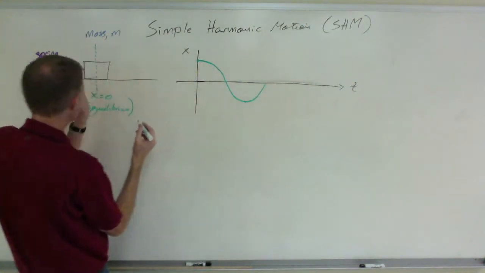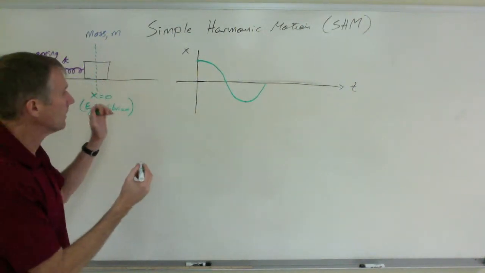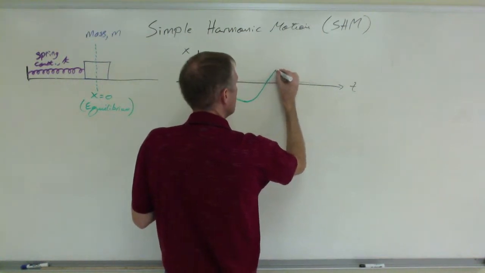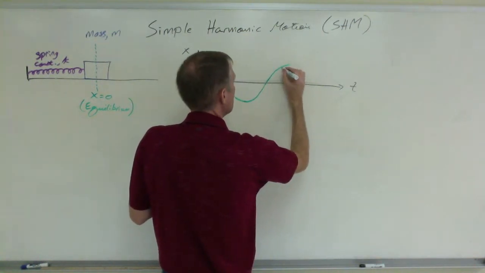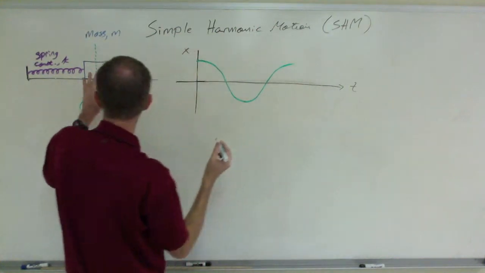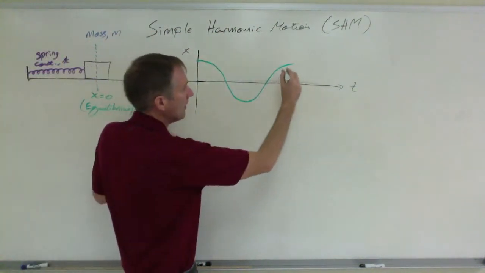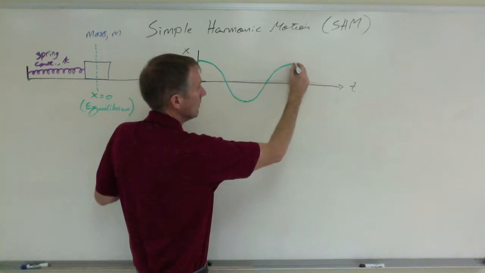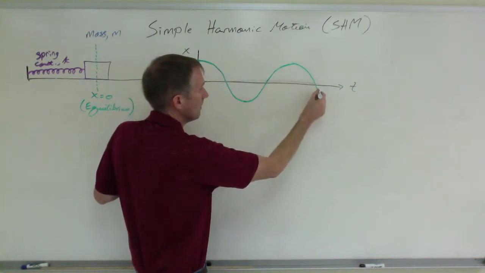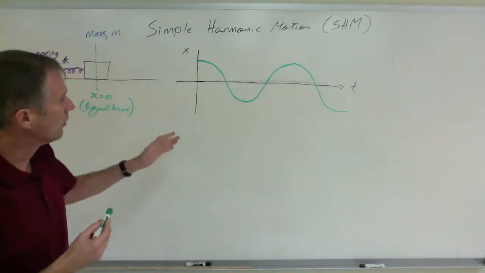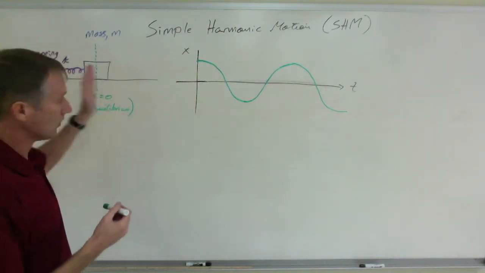Now it's passing back through equilibrium. And then it comes right back to where it started, right here. It's its starting position. And then it does that all over again, and so on and so forth. So as time goes on, this thing's moving back and forth.